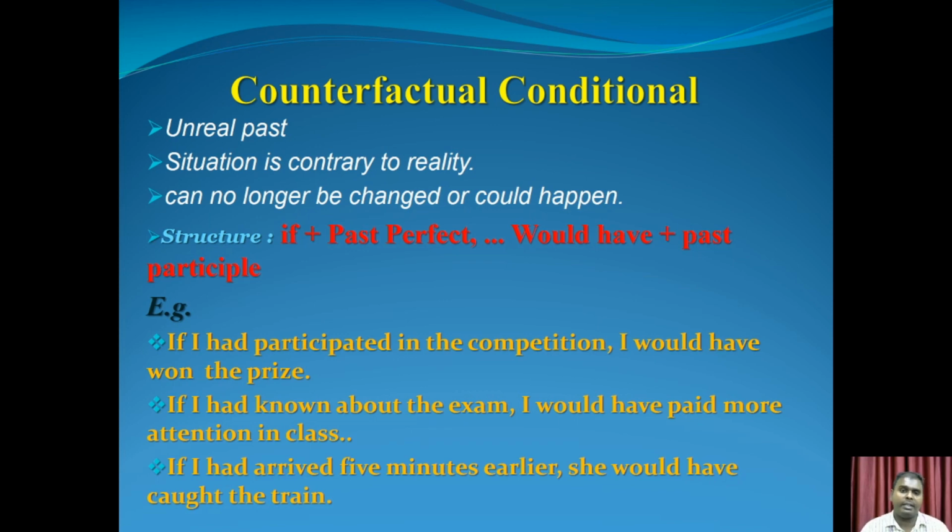So it is mentioned in this way. That is, if I had arrived 5 minutes earlier, I would have caught the train. Now what happened? Now I missed the train, I'm just feeling sad about it, and that sad situation can be expressed in this sentence structure, that is in the counterfactual conditional class.